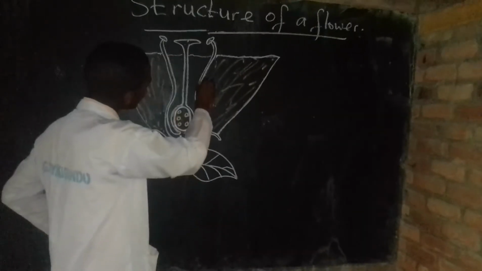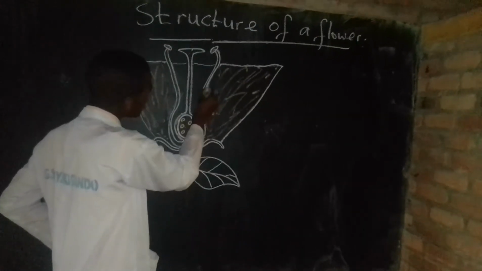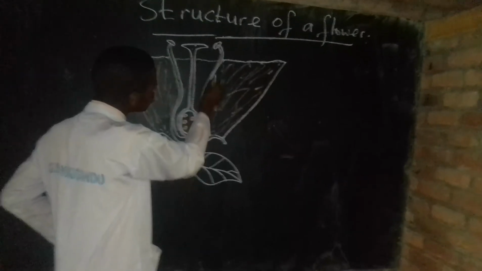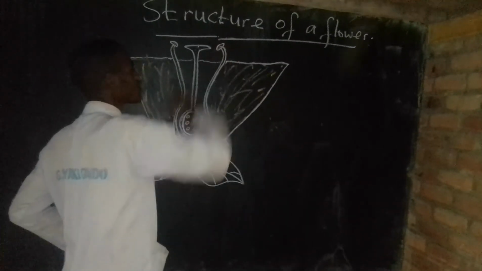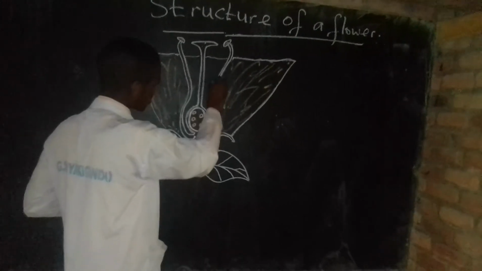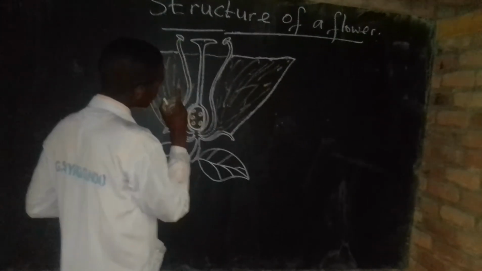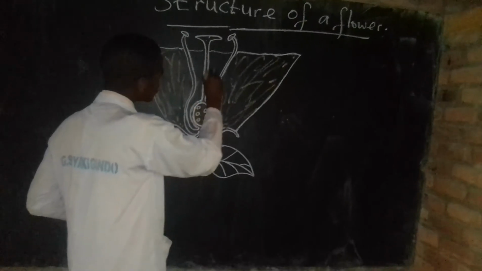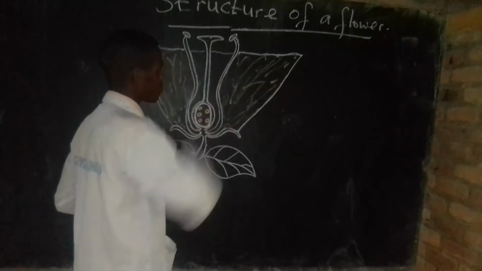This flower has the important parts of the male reproductive part. This part. And then this flower has this part which is very important.